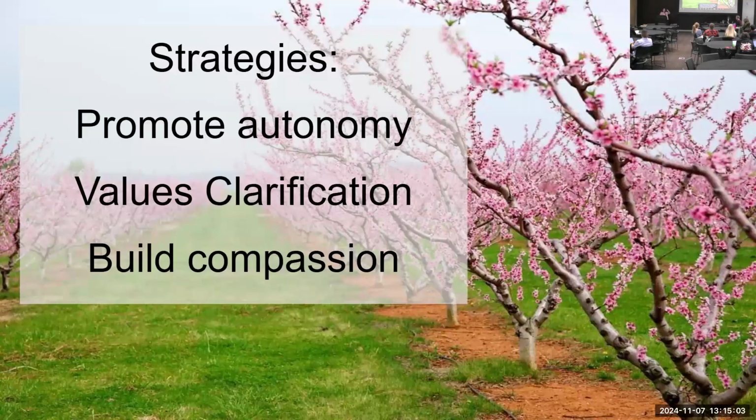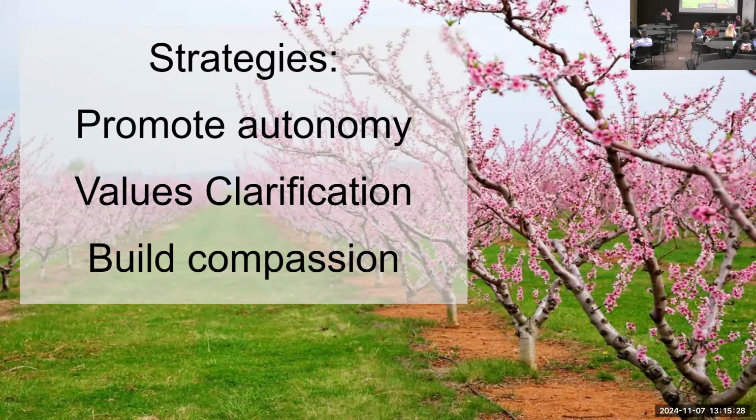So some basic strategies which I think are useful to keep in mind for this. You can think of this as just three things to keep in mind while designing or while thinking through a course. One, promote autonomy. How do you promote autonomy for your students? Two, values clarification. I thought about putting that as values, but then I decided not to be clever.